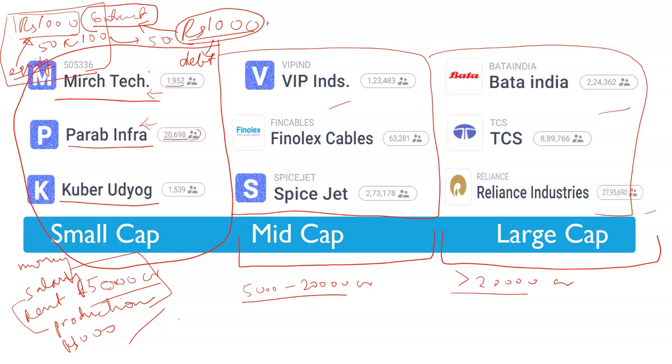So these many people believe in the business of Parab Infra and have invested their money there. As we can see in the large cap companies, the number of investors is very large. There are 8,86,000 investors invested in TCS. So these many people believe that TCS has got a business model which is going to give them a very good return.